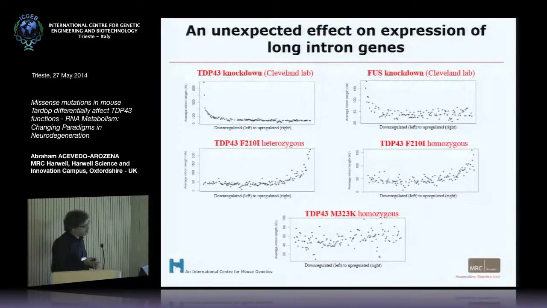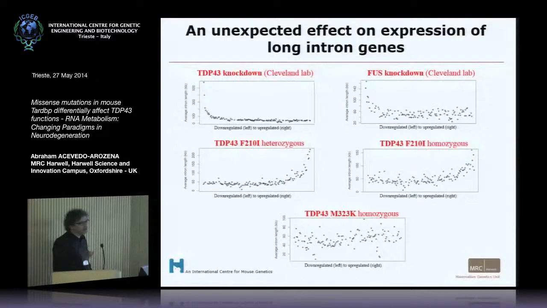The F21I mutation is like a knockdown. If you compare the data to Don Cleveland's data, you see that the signature in terms of the splicing of the cassette exons going in and out is exactly the same between the knockdown and the F21I mutation.